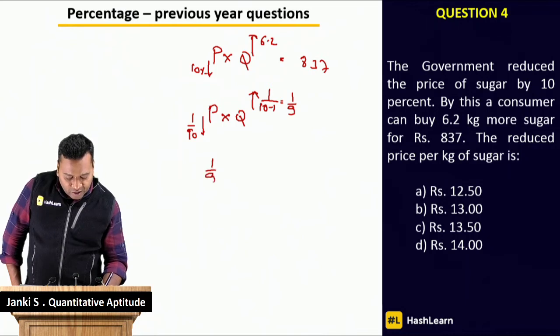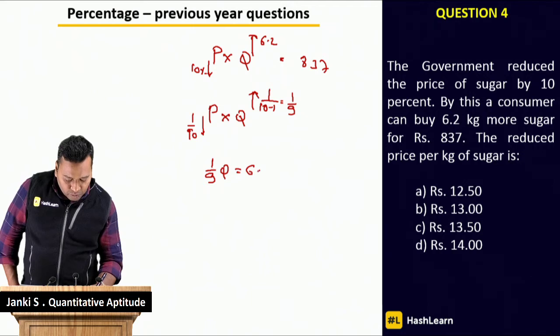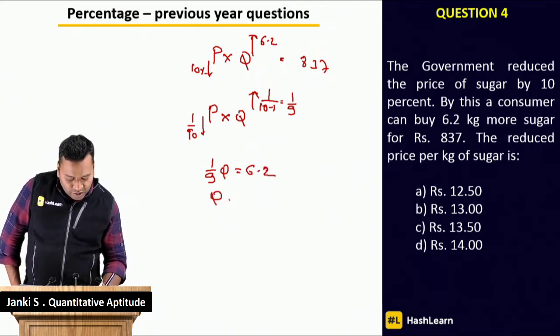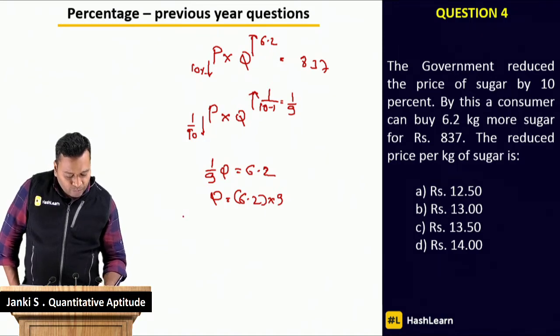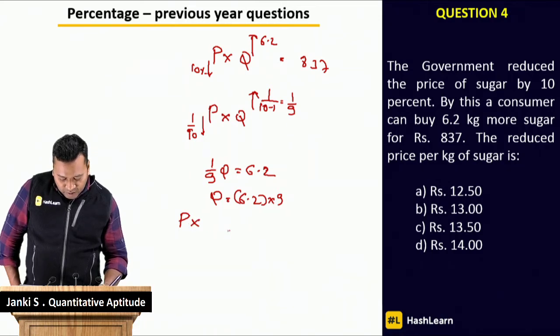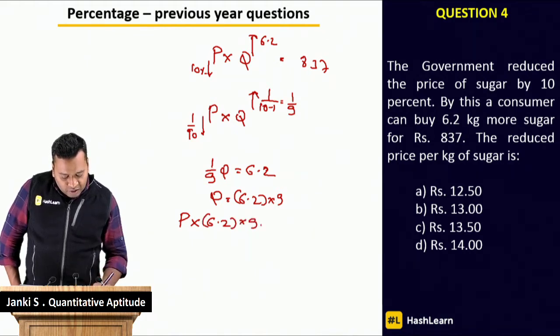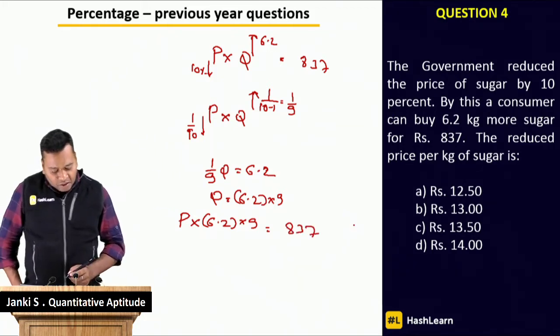Due to this, the consumption should increase by 1 divided by 10 minus 1, or else 1 by 9. So 1 by 9 of the initial quantity was nothing but 6.2 here, right? So my initial quantity was nothing but 6.2 into 9, right? So overall the price was P initially, and the quantity I used to purchase was 6.2 into 9, which should be equal to 837, right?